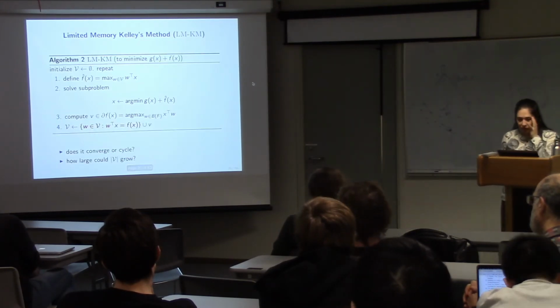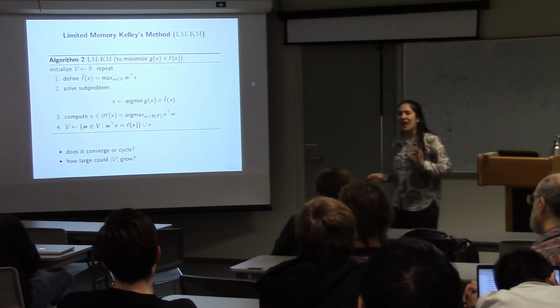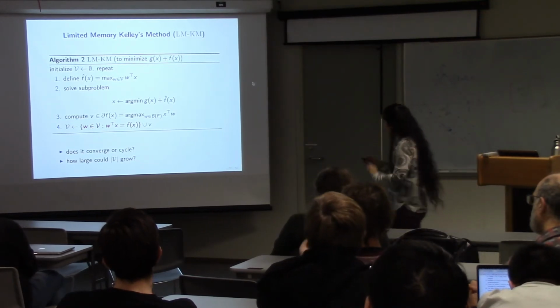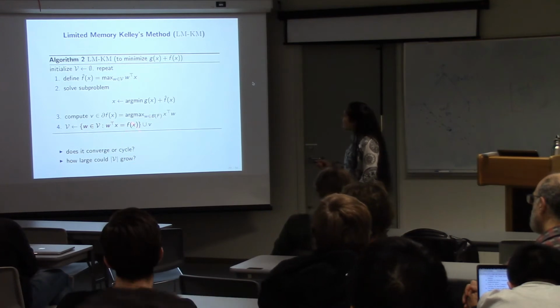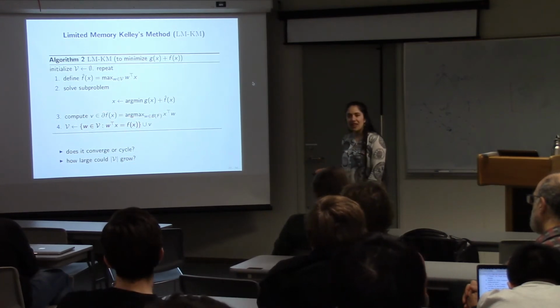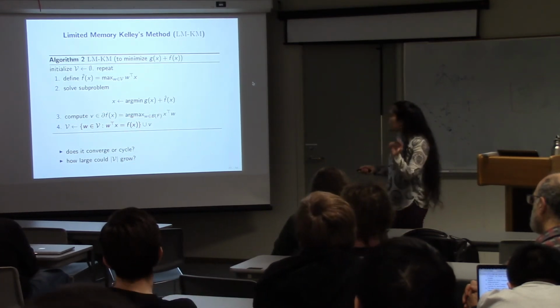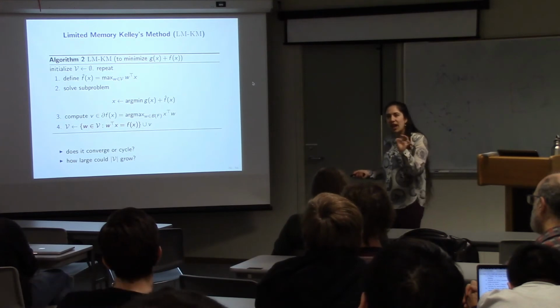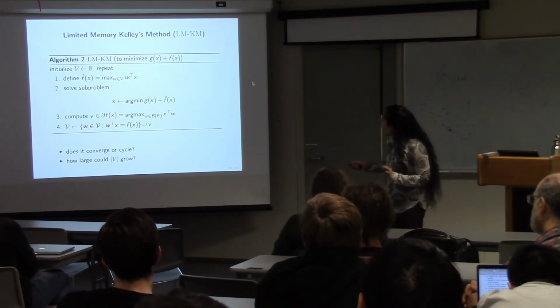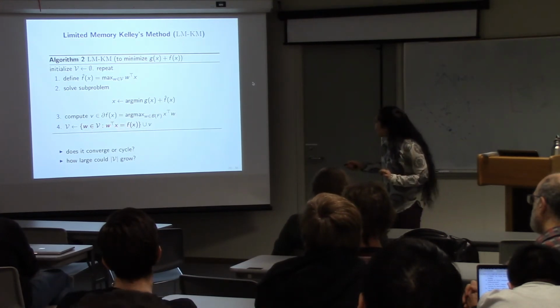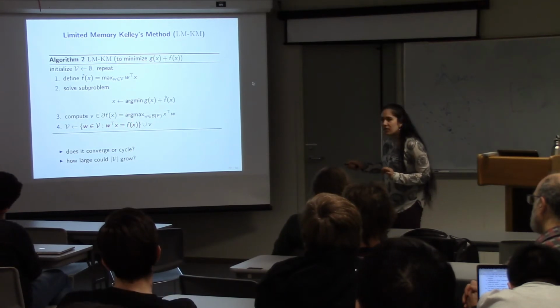So we proposed a change to just one line of this algorithm. All we did is we said, instead of keeping the entire set of vertices that you used at the last iteration, we're just going to keep the set of vertices that are tight at the current iterate. What we mean by that is that w transpose x is actually equal to f of x.